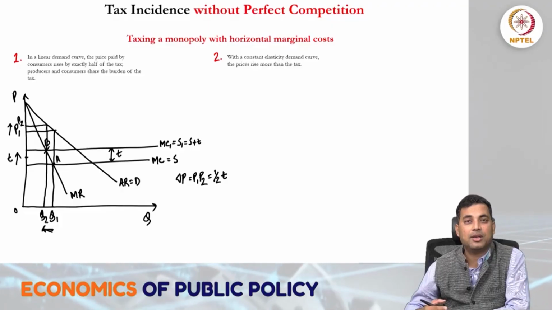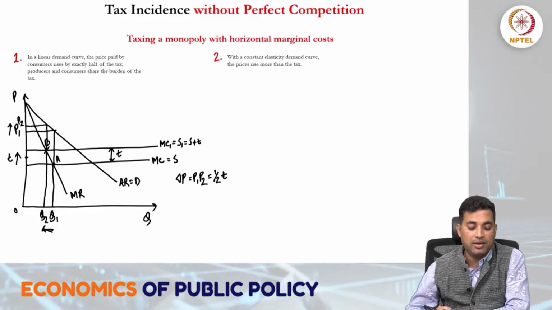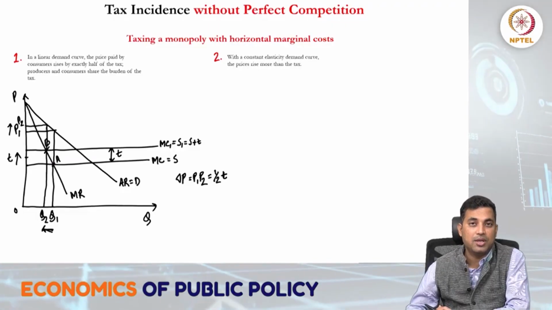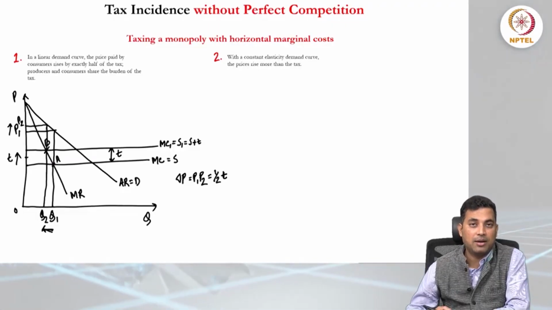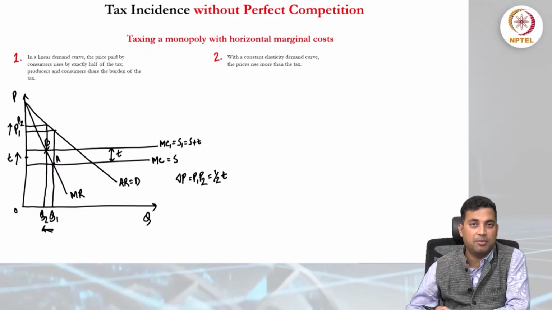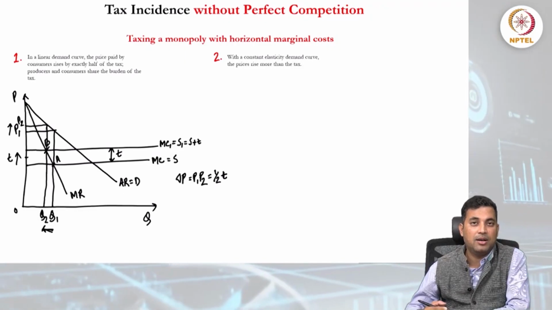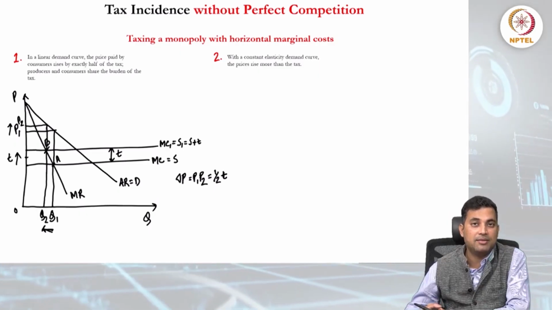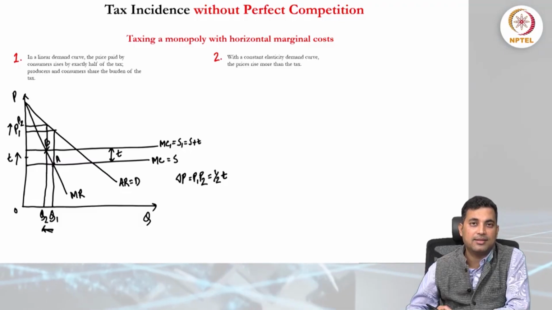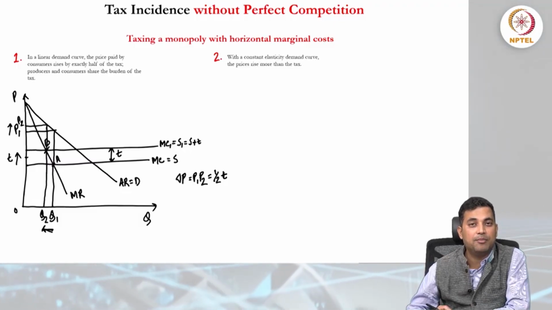So this is what we are trying to show here: what happens when tax is imposed on the monopoly market. The monopolist firm will increase the price, but the change in the price will be less than the amount of taxes imposed on the producers.